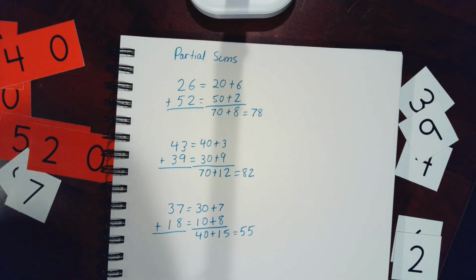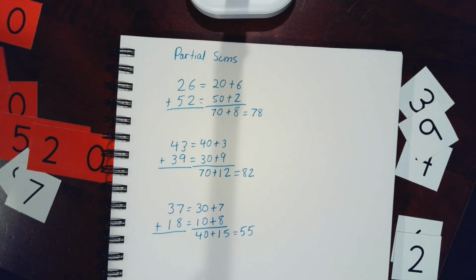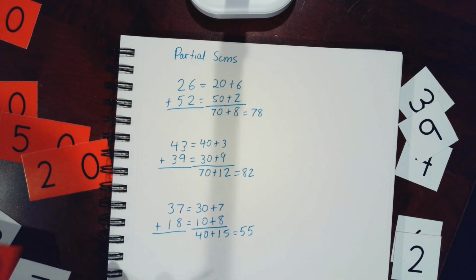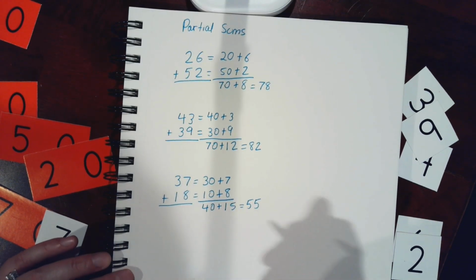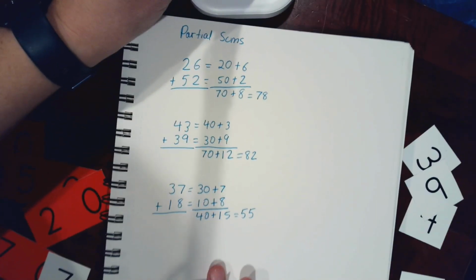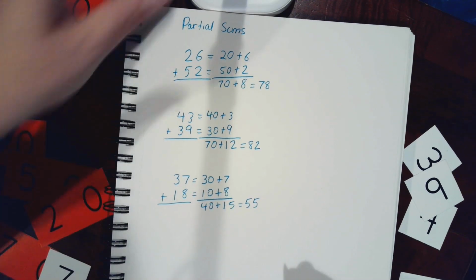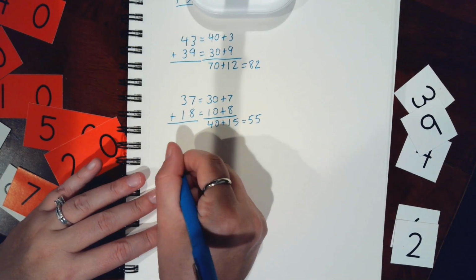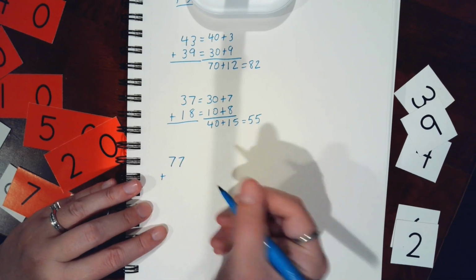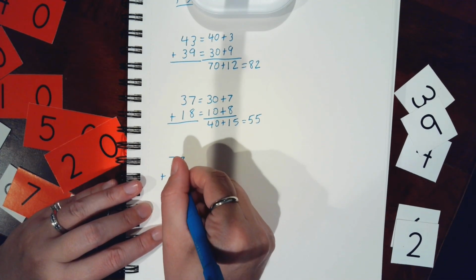Let's do one more example. Let's do 77. Let me move my book to make sure you can see it. There we go. Let's do 77 plus 8.